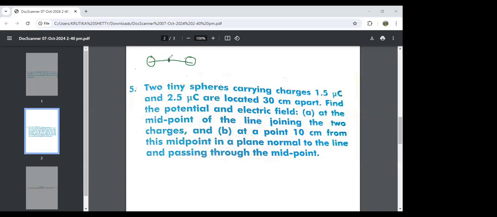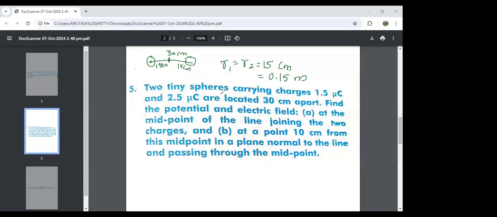So from the midpoint, the total distance is 30 centimeter, so the distance to each sphere is 15 centimeter. Hence R1 is equal to R2 is equal to 15 centimeter. If I convert 15 centimeter, it will be 0.15 meter, right? So this is the distance.